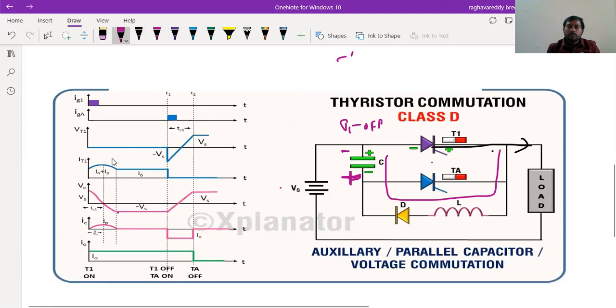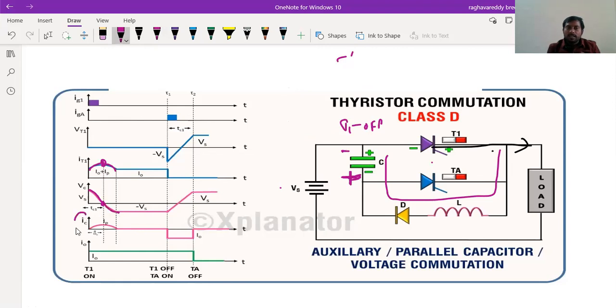Now, this is the current through the thyristor. This is up to the discharging of the capacitor, again charging the capacitor through the inductor. The capacitor is discharged, and again reversely charged through the inductor.